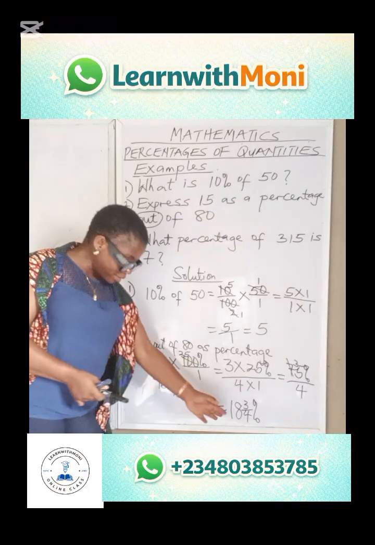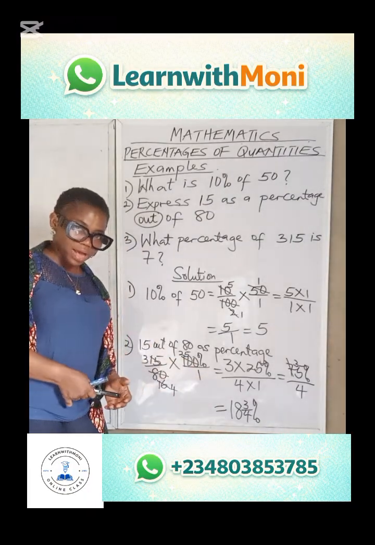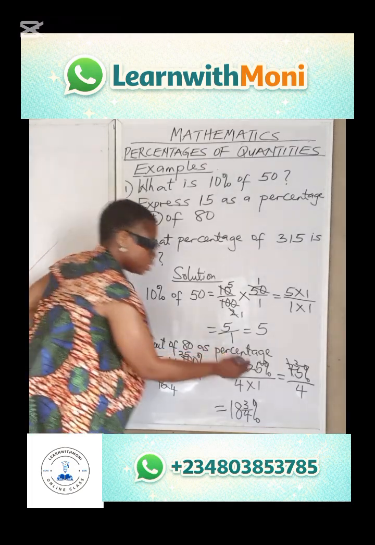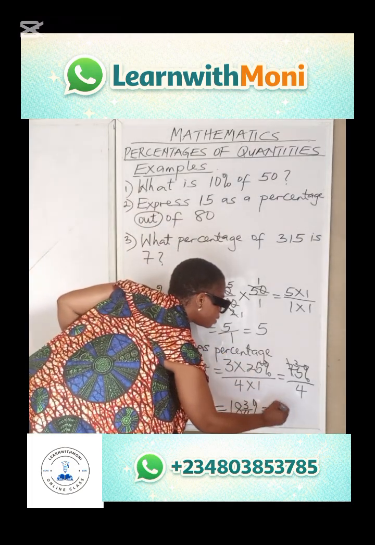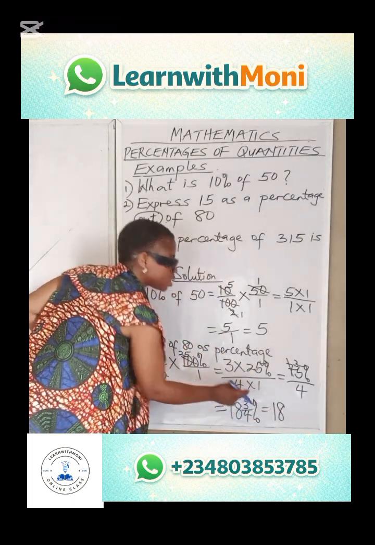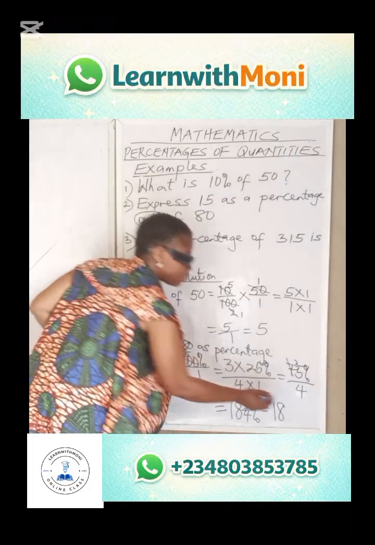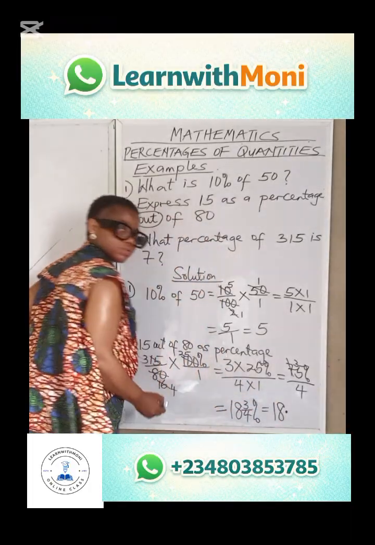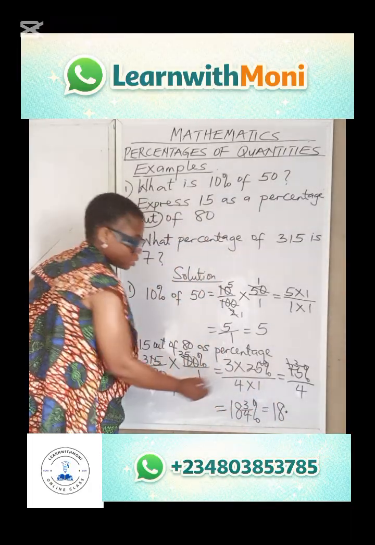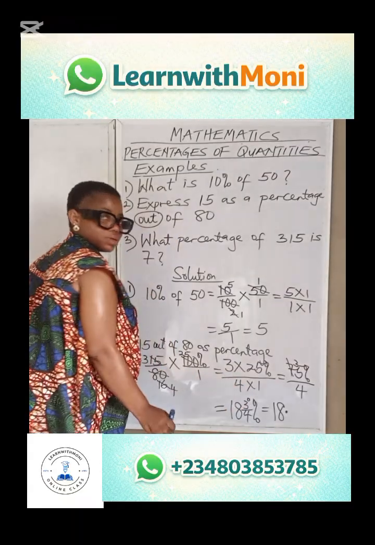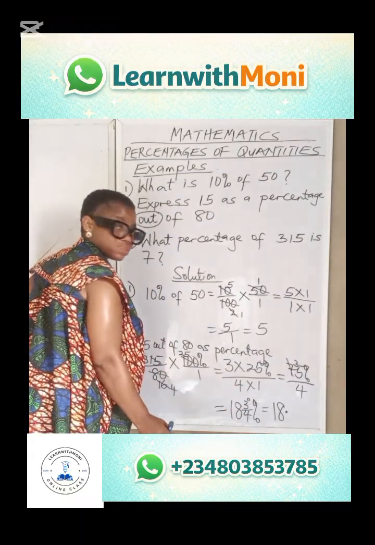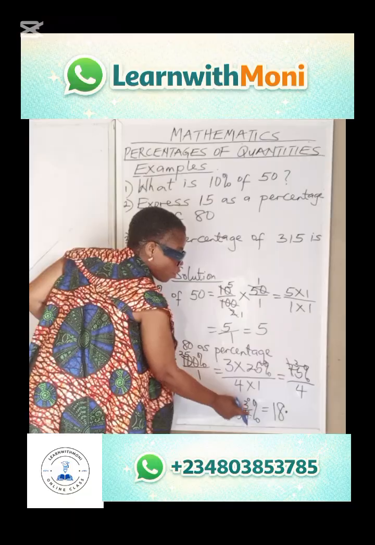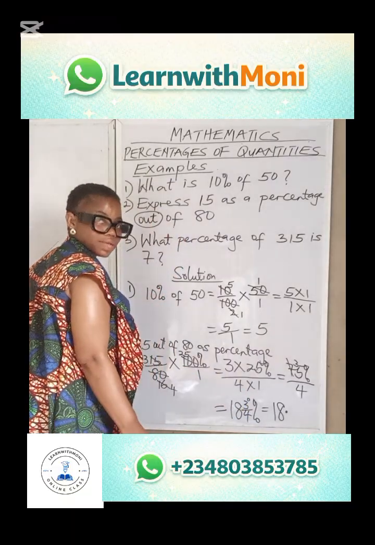Of course, this can also be expressed as a decimal. I hope you know that. 18 wholes, that is 18. How many 4 can we get from 3? We can't get. We put a decimal point and an invisible 0 behind that 3. So it is now 30. How many 4 can we get from 30?